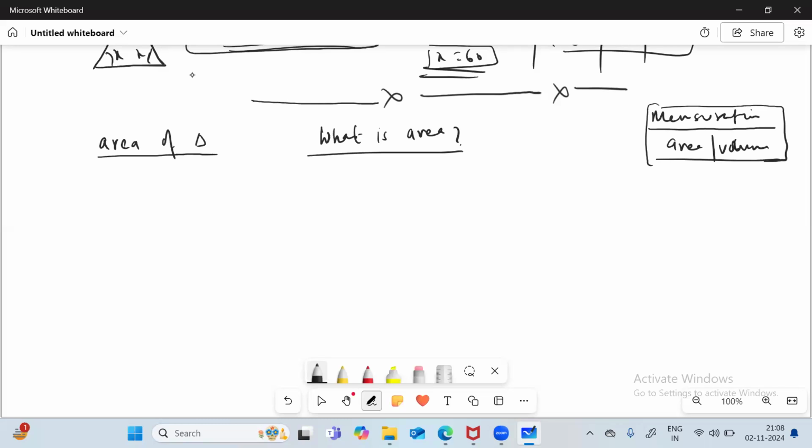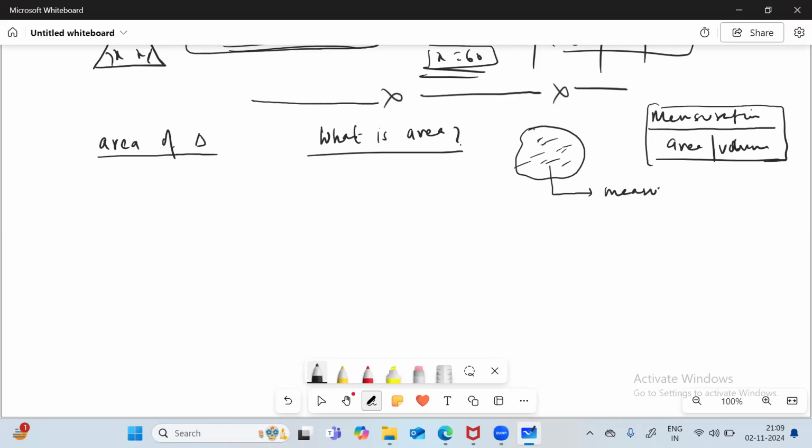What is area? Anyone? The space within the closed surface. So if any closed surface is there, whatever space is inside the closed surface is called area. But you could have added one more word to it.